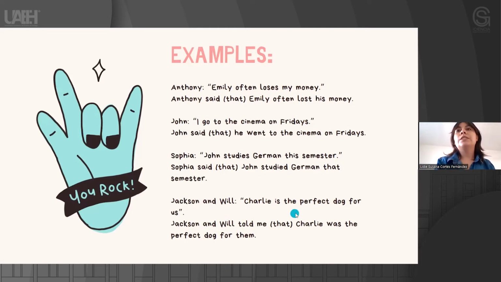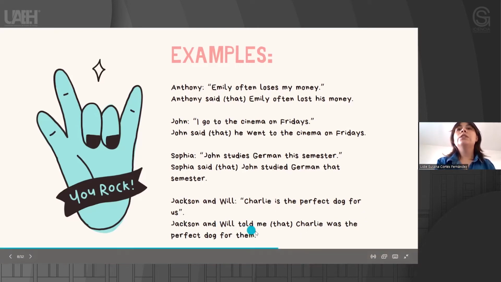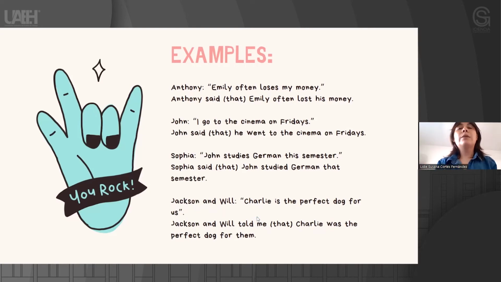Jackson and Jill say, "Charlie is the perfect dog for us." Jackson and Will told me Charlie was the perfect dog for them. And here we have another change. As you can see here, we have "us", because Jackson and Jill are talking about themselves. In this case, they are "we".